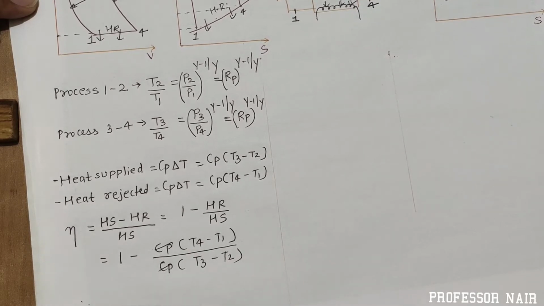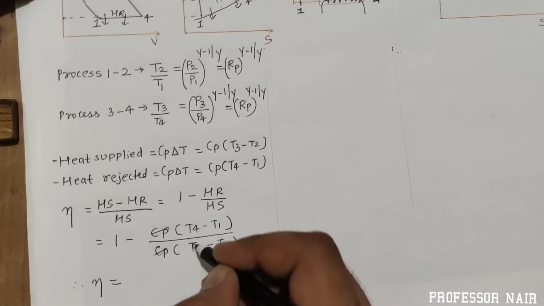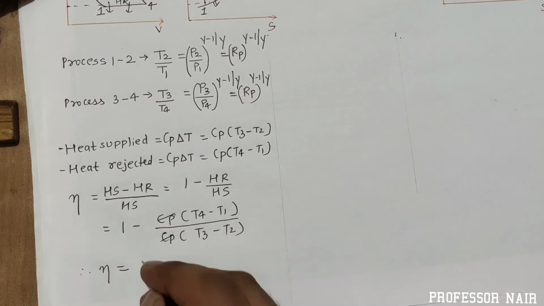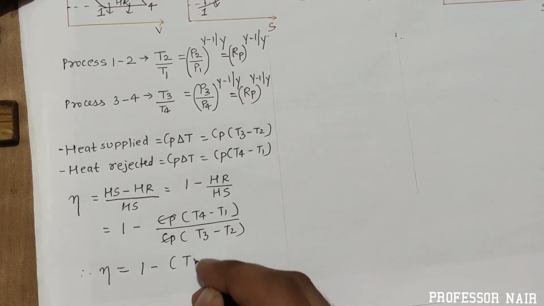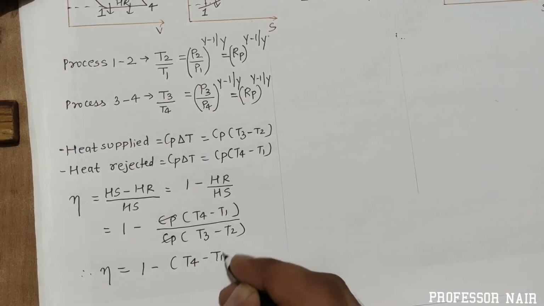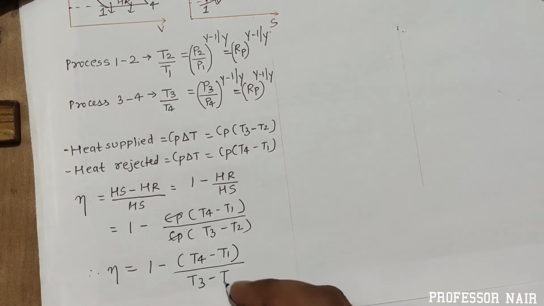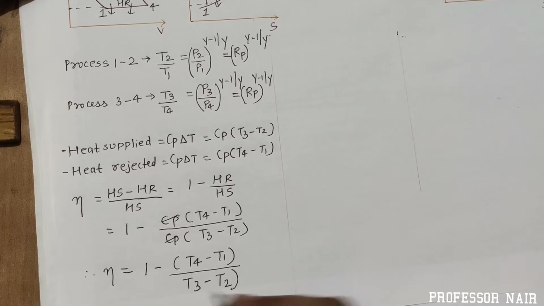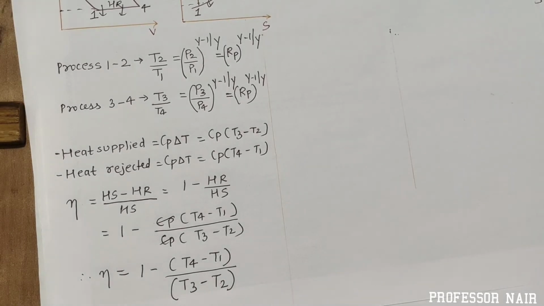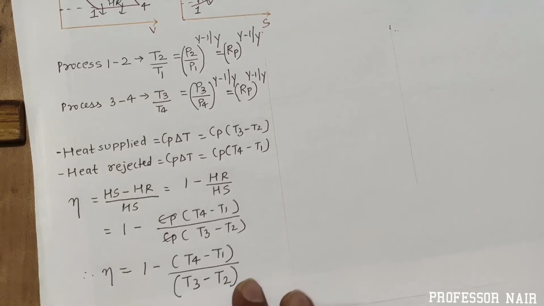So the efficiency for the Brayton cycle is given by 1 minus T4 minus T1 upon T3 minus T2. Are you getting this? This is the basic formula for the efficiency of a Brayton cycle. So I will underline this point.